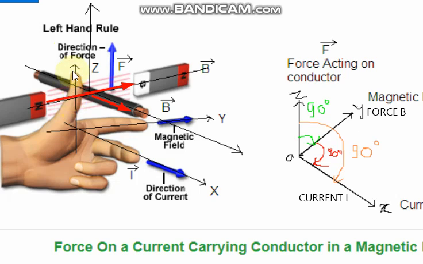Then the stretched thumb will give you the direction of the force acting on this current carrying wire. Here in the diagram you can see this is the magnetic field, this is the direction of the current, and this is the direction of the force acting on this current carrying conductor. So applying this rule gives us the direction of the force.